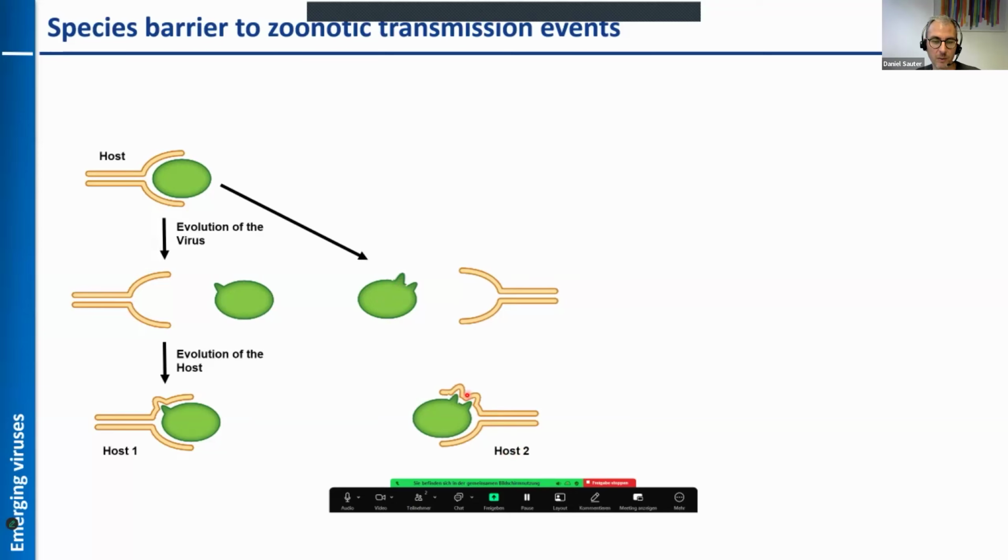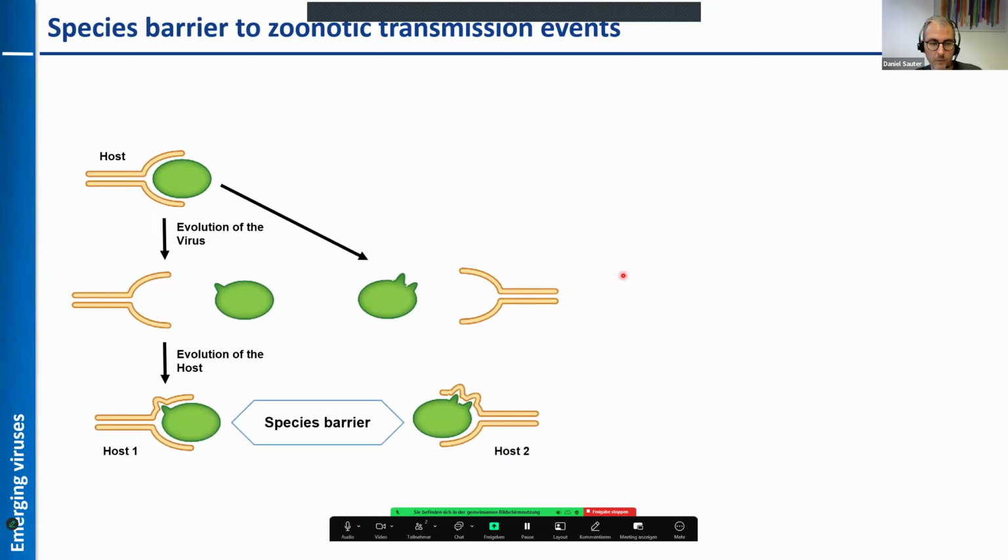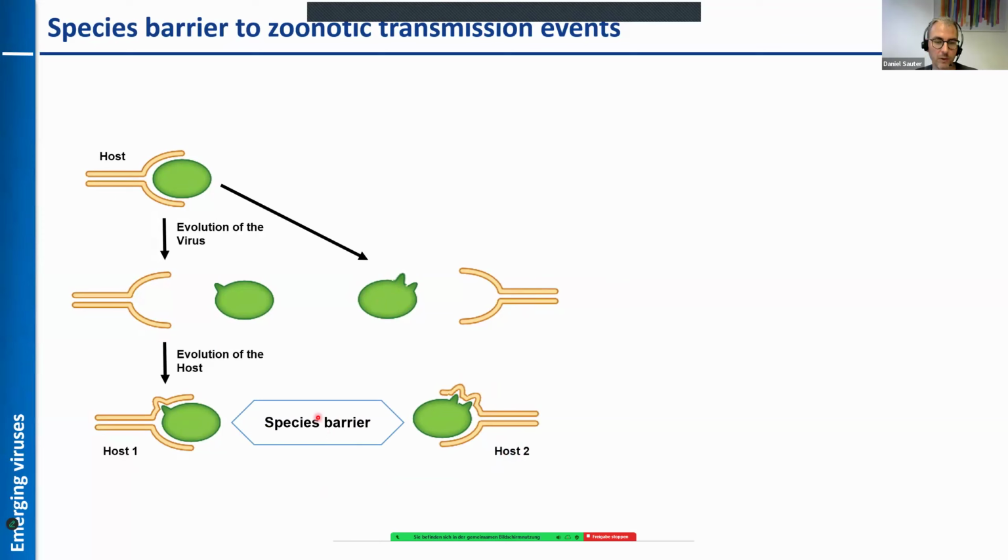So the host has to adapt also with different mutations. And because of this arms race and this co-evolution, viruses and their hosts, especially factors involved in antiviral immunity, evolve very, very quickly and evolve in different ways in different species. And because of this, there's usually a strong species barrier.